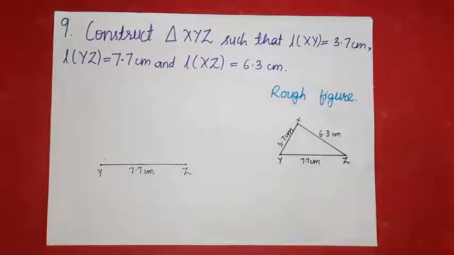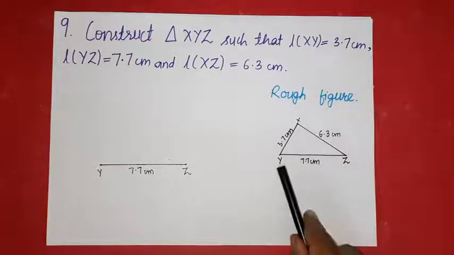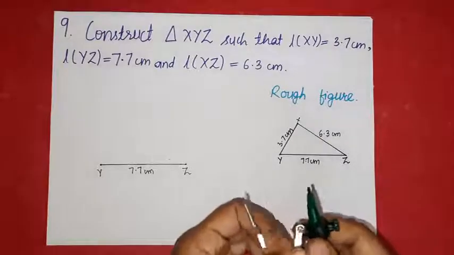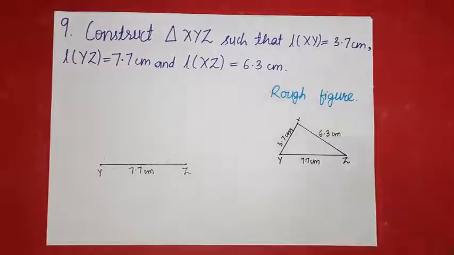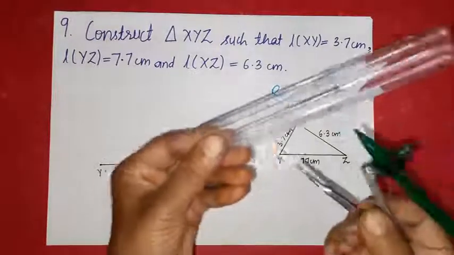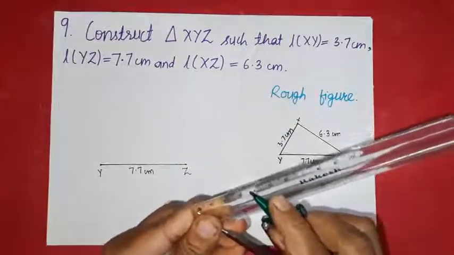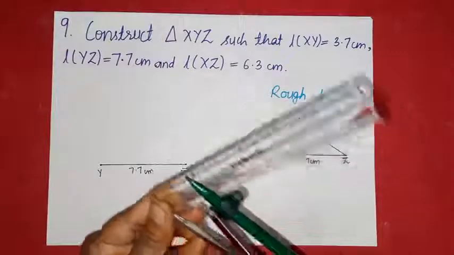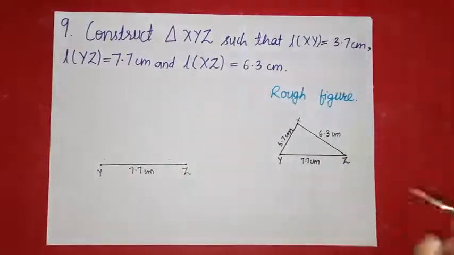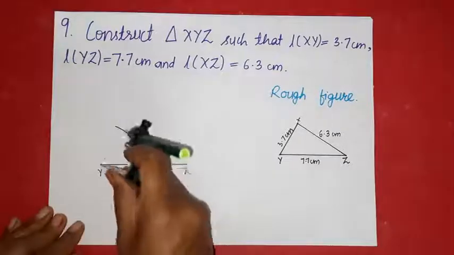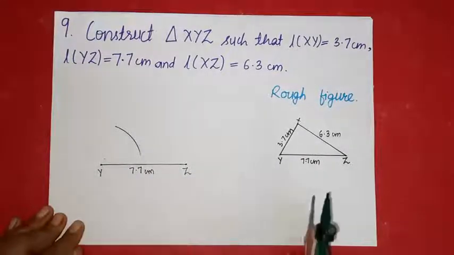Then we will give arc of 3.7 centimeter from the vertex Y. So take a compass. To give the arc we have to use a compass. We will put needle end on 0 and bring the pencil end on 3.7. Now after adjusting 3.7 centimeter in compass, put the needle end on Y and give the arc here like this.